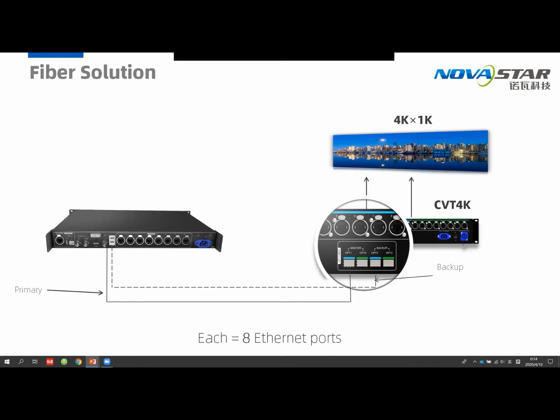So this is the same structure as the M control 4K. If we have another screen with the same connection and same resolution, we can use the 8 Ethernet ports from the controller to drive another screen to show the same content.